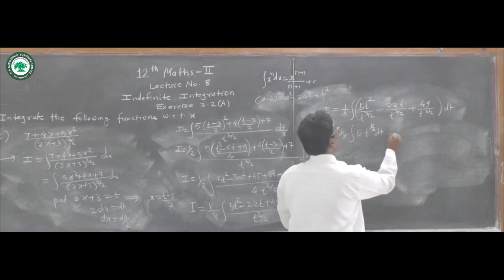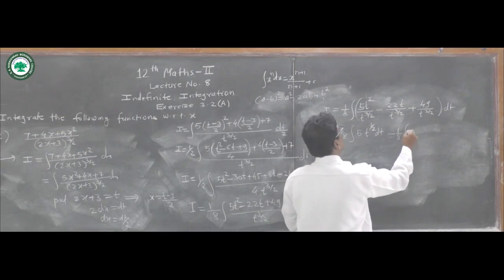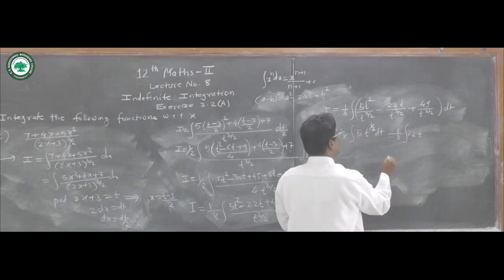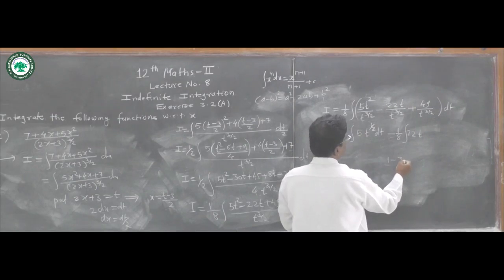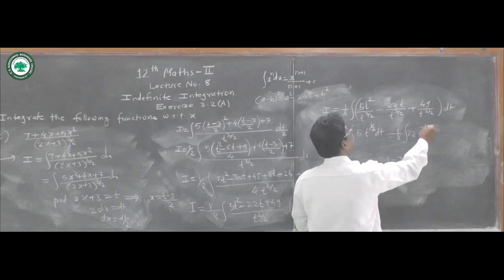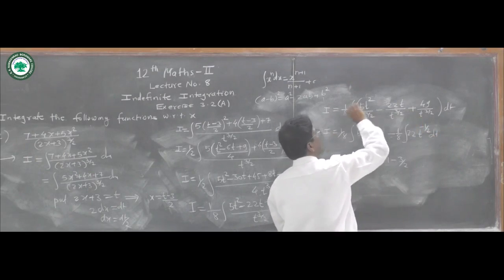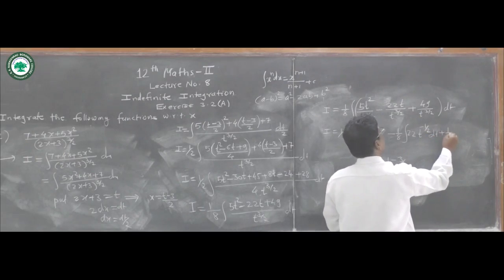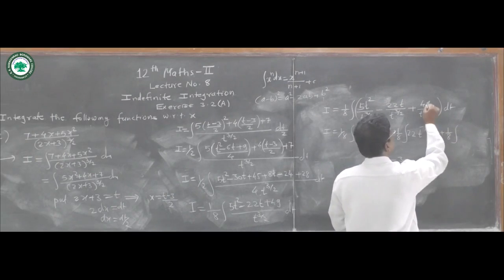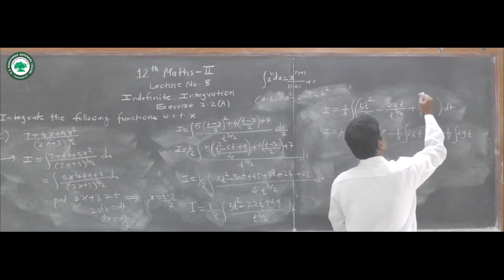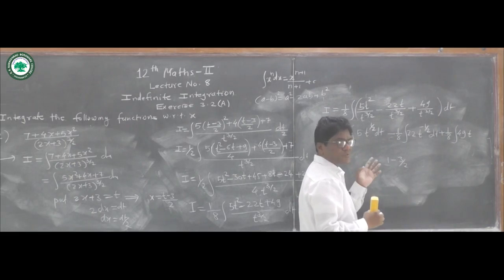Now here minus this 1 upon 8 and integration of 22 t to the power 1 minus 3 by 2, that is 2 minus 3 by 2, minus 1 half, and dt, and then plus 1 upon 8 into integration of this 49 as it is, and t to the power, here t to the power nothing, so t to the power 0 suppose.